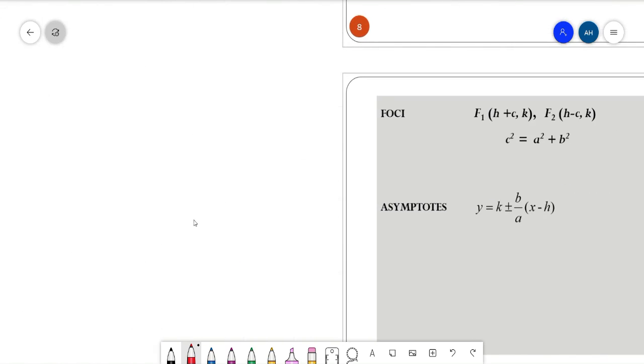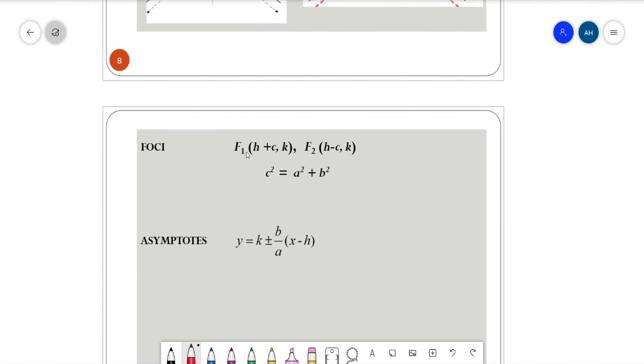Now the coordinates for focus f1 and also f2. Again, we need the value for c using the same formula: c square equal to a square plus b square. After we get the value for c, we can substitute into this formula to find the coordinate for f1 and f2.